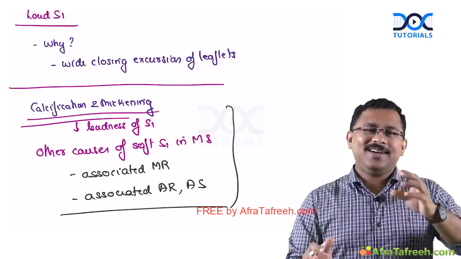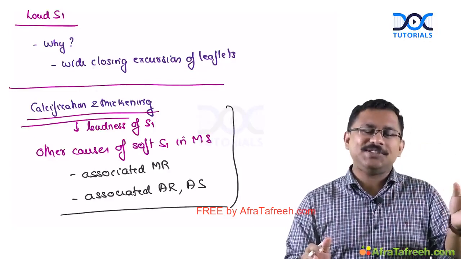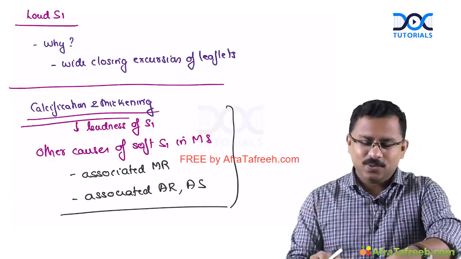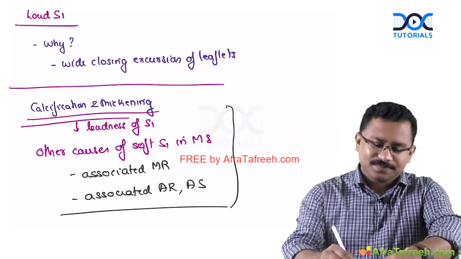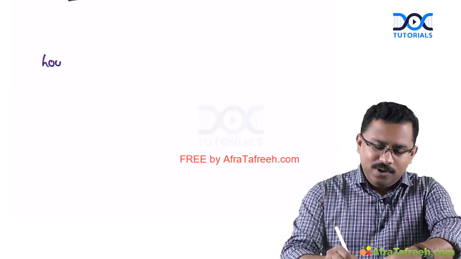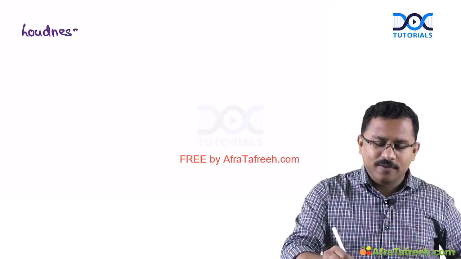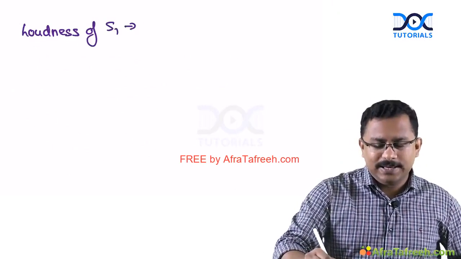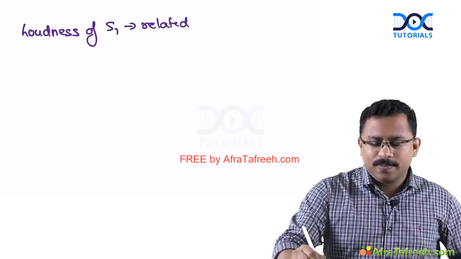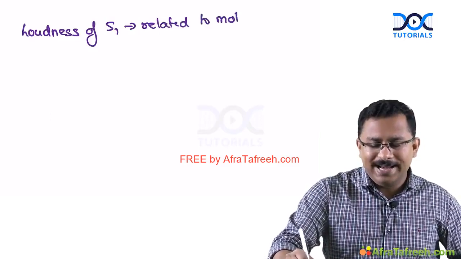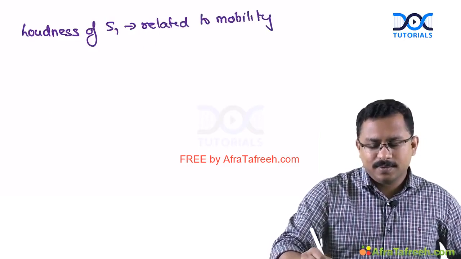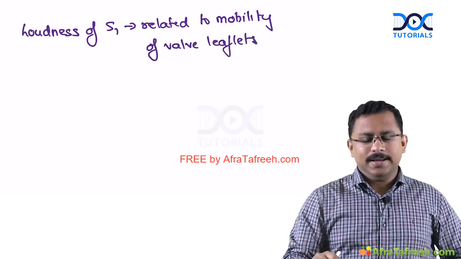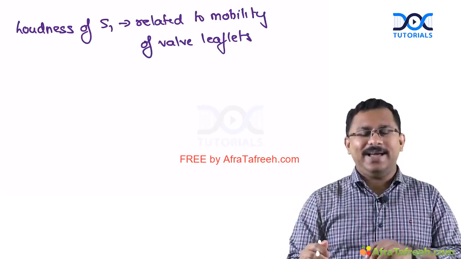The loudness of S1 is not directly related to the severity of MS. Please understand, the loudness of the first heart sound is related to the mobility of valve leaflets.